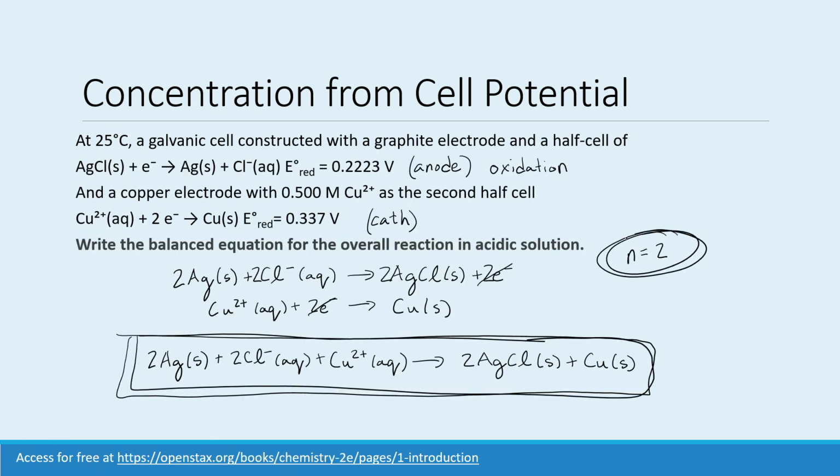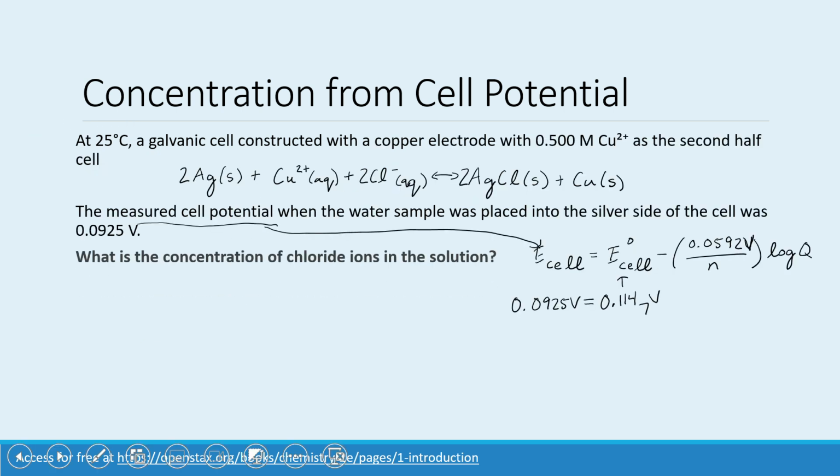So we've got the cell potential at non-standard conditions, we've got the standard cell potential, and of course we calculated N whenever we did the two half reactions added together. Remember, we said that N was equal to 2 from your 2 electrons on either side. Okay, so we also know that that's negative 0.0592 volts divided by 2 and then log of Q. Okay, so let's first go about figuring out what the value of Q is, and then we can figure out the equation for Q and solve for those chloride ions.